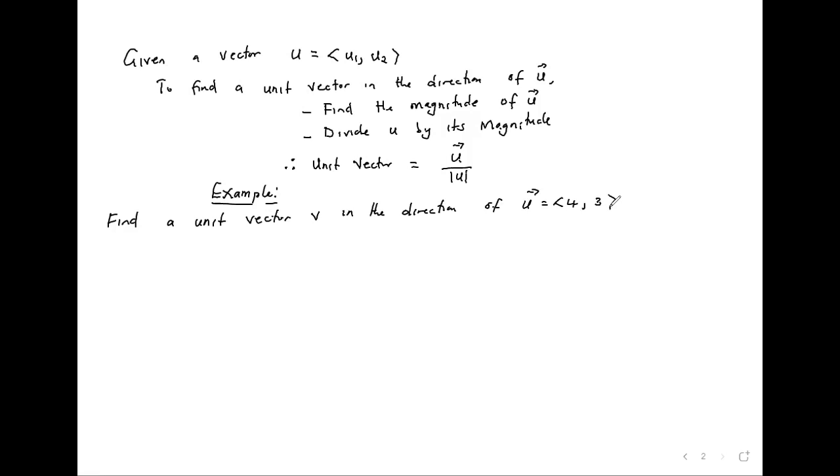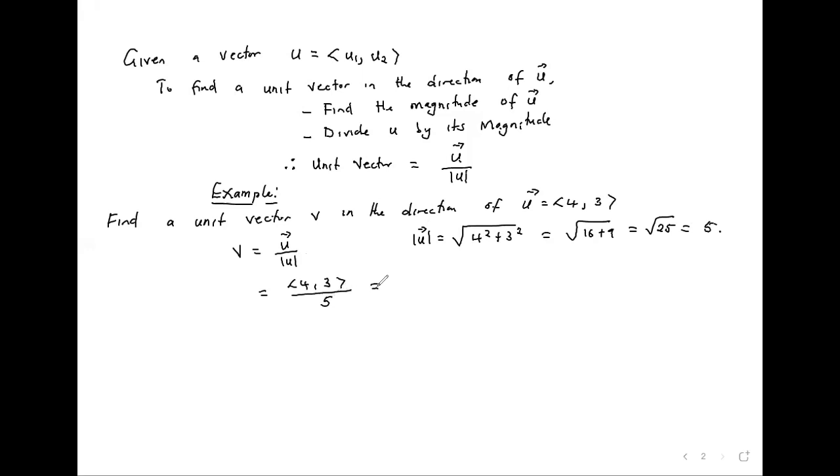So v is going to be u over its magnitude. To get the magnitude of u, you get the square root of 4 squared plus 3 squared. This is 16 plus 9, which is 25, giving us 5. So v is going to be 4, 3 over 5.